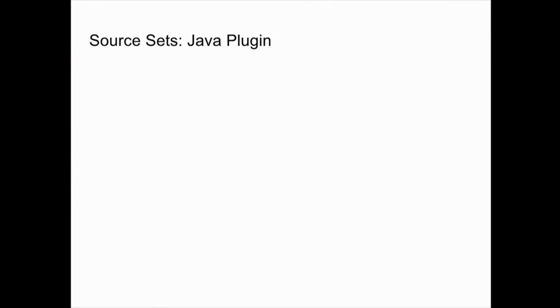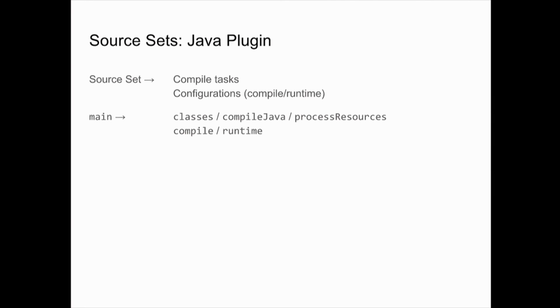I mentioned that we can't use the Java source set, and that's for a couple of reasons. In the Java plugin, when you have a source set, you have things associated with it, right? You get the compile task, you get the configuration. For example, if you have the default source set, which is main, you get classes, compile Java, process resources, all the tasks needed to build that source set. And then you get the compile and runtime configuration.